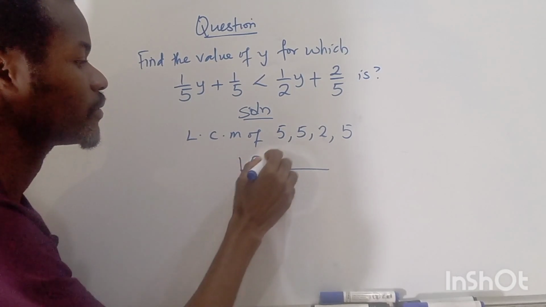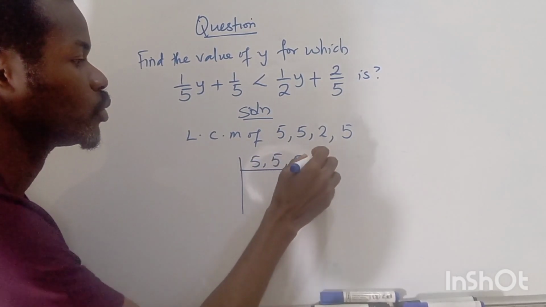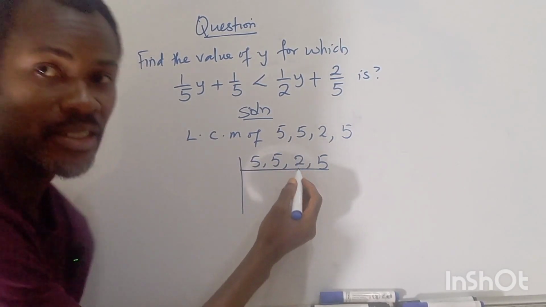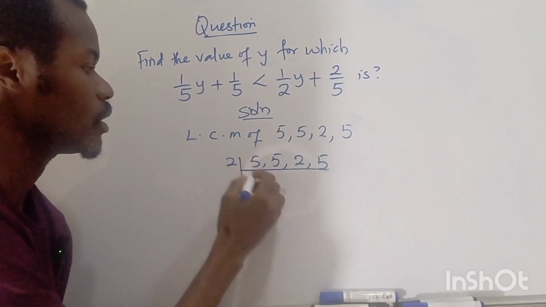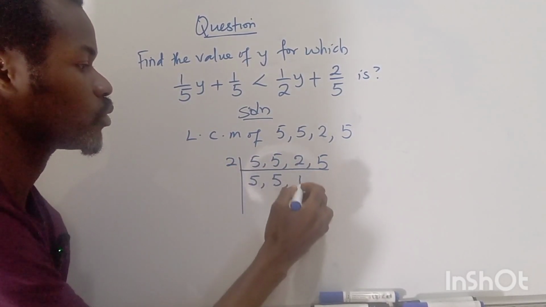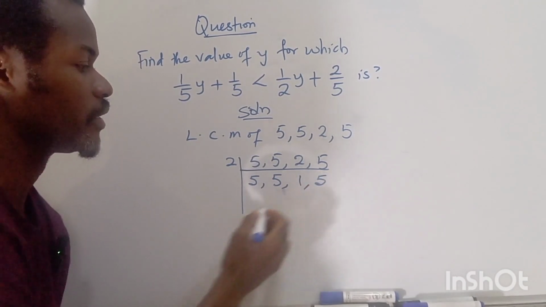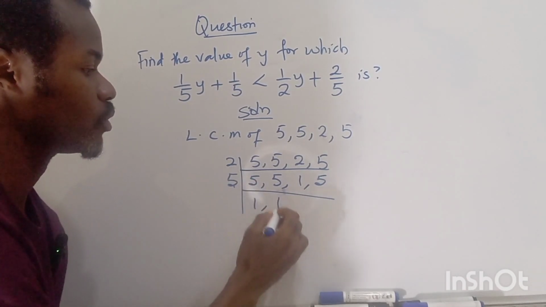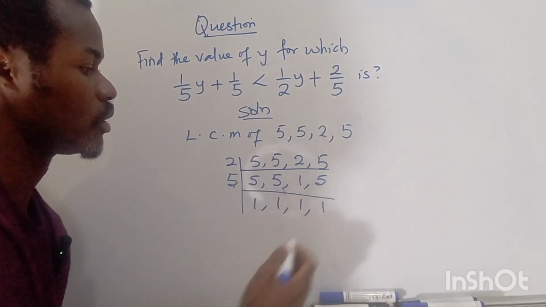We have 5, 5, 2, 5. First, we consider the smallest number, 2. 2 divided by 2 is 1, and we have 5 here. Finally, 5 can still go, so we have 1, 1, 1, and 1.